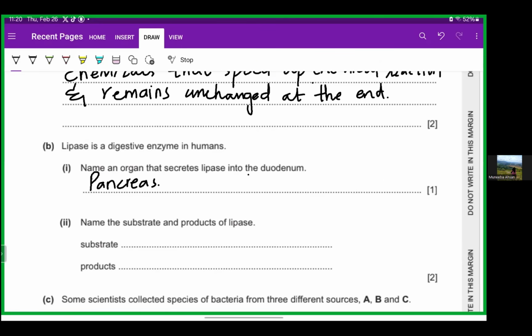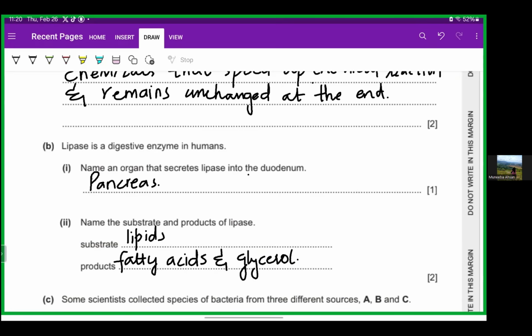So you know that lipase acts on the lipids, right? Lipids or fats. Okay, and the products they make are fatty acids and glycerol.